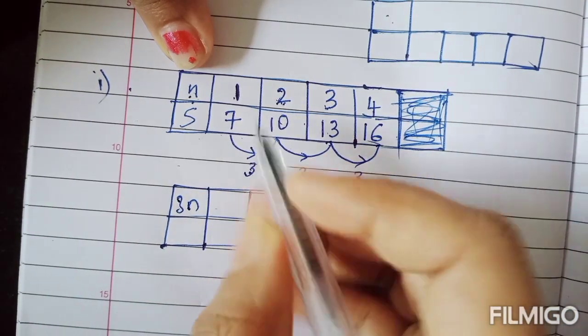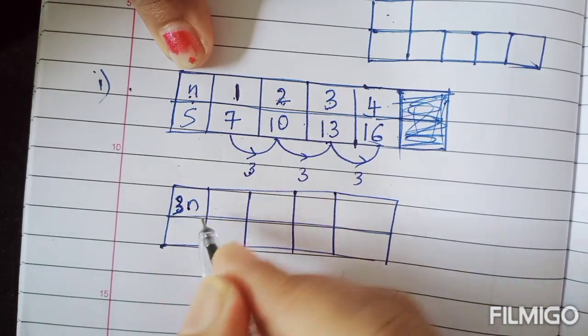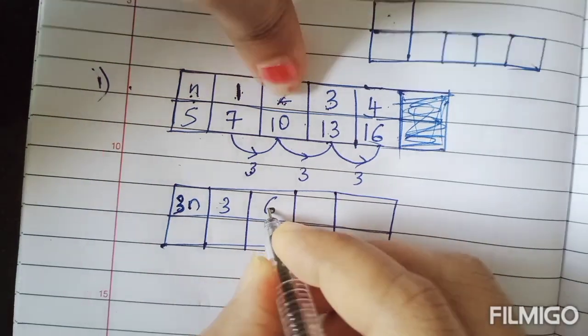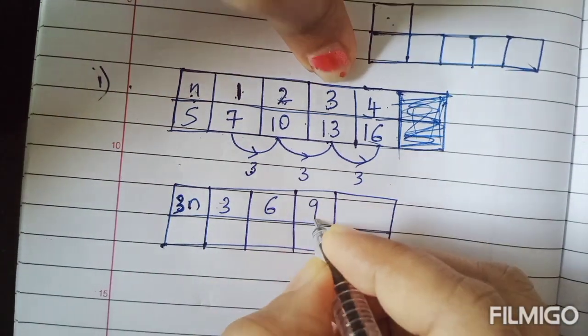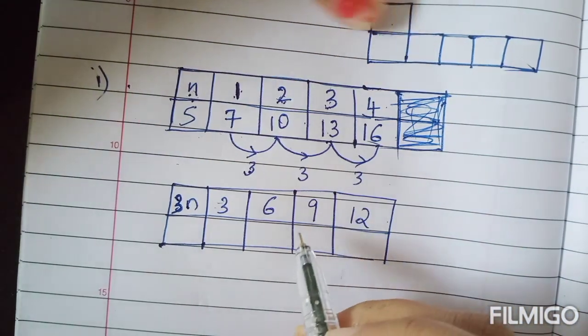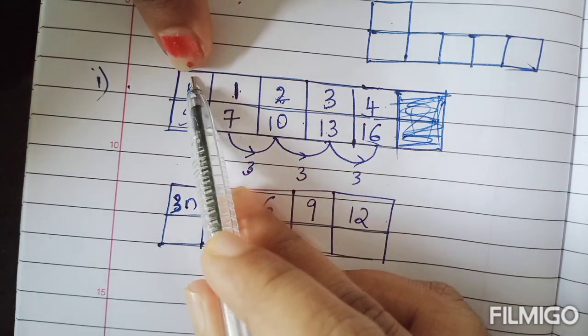This is 3 multiplied by n, that is 3 into n, 3n. So 3 into 1 is 3, 3 into 2 is 6, 3 into 3 is 9, 3 into 4 is 12. In the second table you have to multiply this 3 by n.